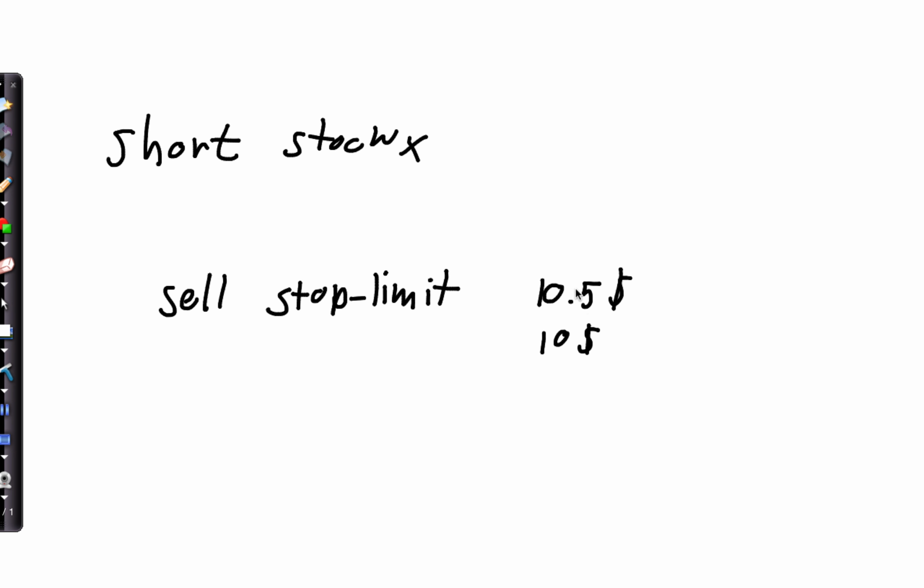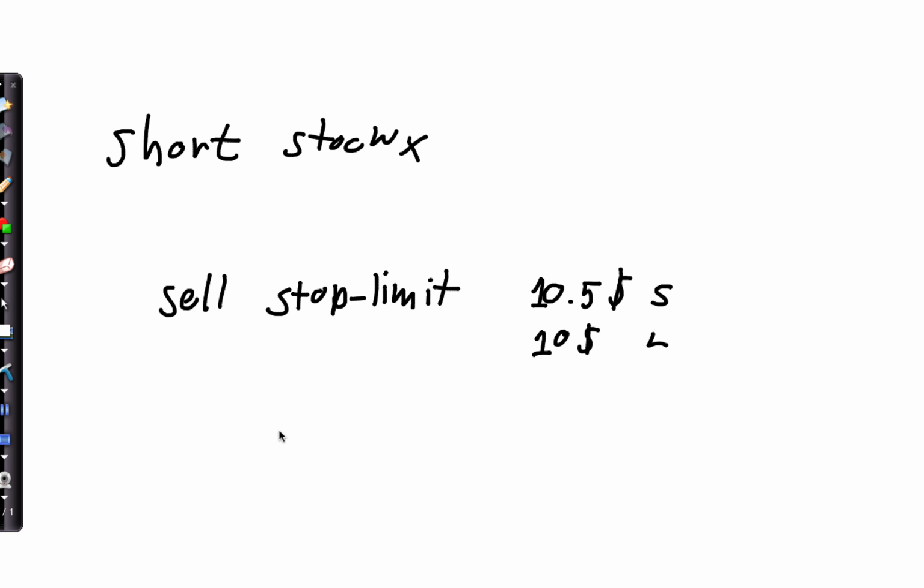So you want to sell at 10.5 or less, but not less than 10. So again, what is the stop and what is the limit here? This is the stop and this is the limit, okay?